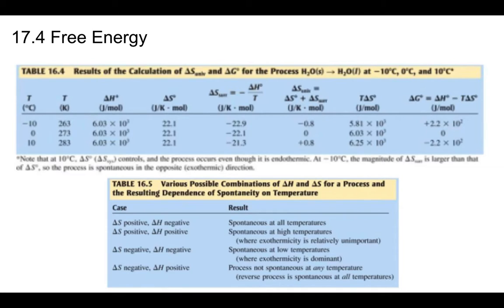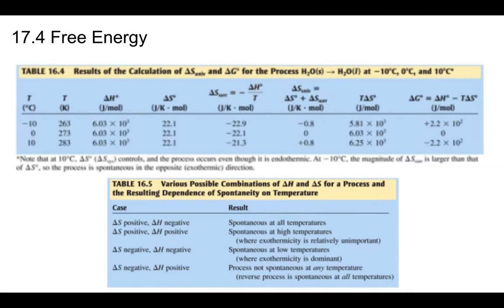Now, just to take a look at this Gibbs free energy function, T delta S would be 263 times 22.1, which comes out to 5.81 times 10 to the third. And then delta H minus T delta S would be 6.03 times 10 to the third minus 5.81 times 10 to the third.